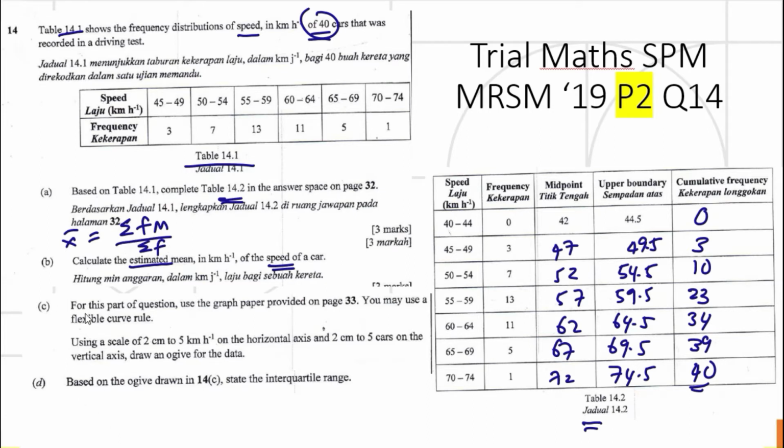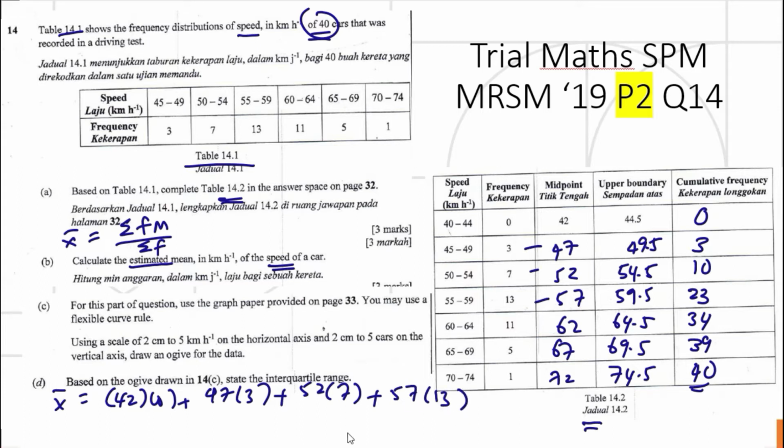So the mean is equal to 42 times 0, which is 0, plus 47 times 3, plus 52 times 7, plus 57 times 13, plus 62 times 11, plus 67 times 5, plus 72 times 1, divided by the sum of frequency, which is 40.